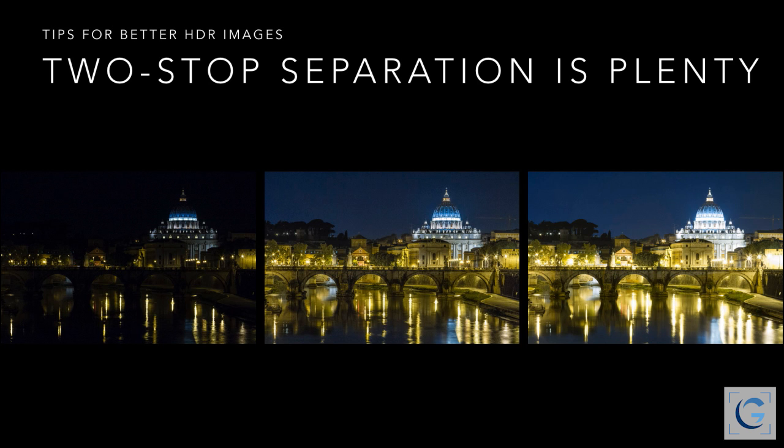But again, setting my ISO and my aperture based on my overall goals for the photograph, or the scene that I'm capturing, and then adjusting the shutter speed from one frame to the next.